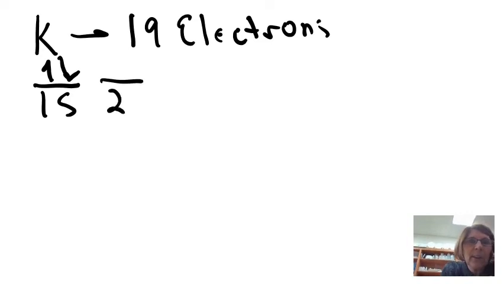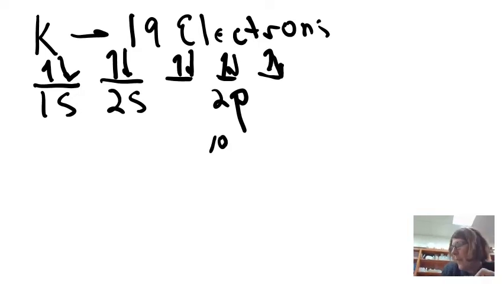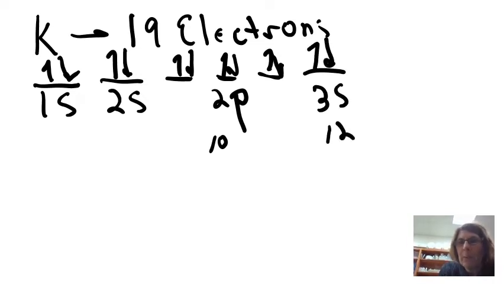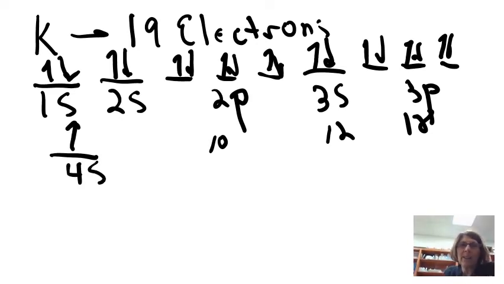So I've used up 2 in 1s, now I've used up 4 in 2s, then 2p, now I've used up 10, and then we go to 3s, and we use up 12, and we go to 3p, now I've used up 18, and after 3p we have 4s, and we put 1 arrow. So now we have 19 electrons.